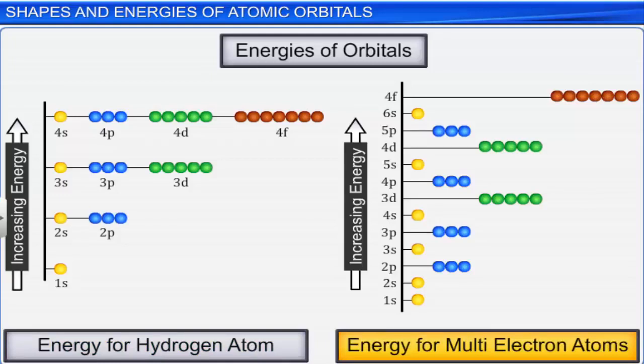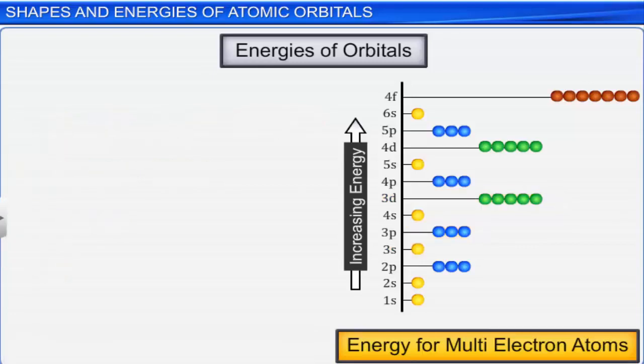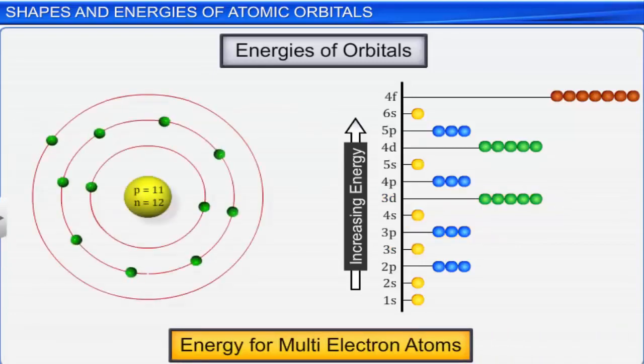Now, let us understand why in case of a multi-electron atom, the different orbitals of a given principal shell possess different energies, in contrast to hydrogen atom. In a multi-electron atom, the different energies of different orbitals of a given principal shell are attributed to the inter-electronic repulsions among the electrons present.